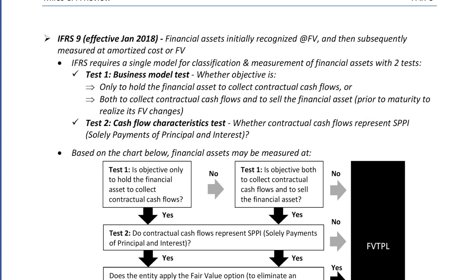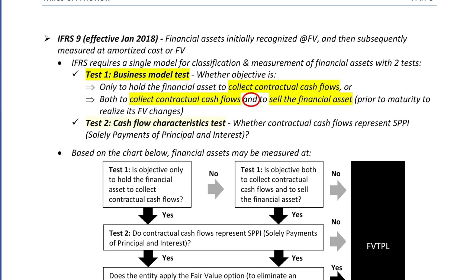Now, IFRS requires a single model for the classification and measurement of financial assets with two tests, where test number 1 is the business model test, whether the objective of the entity is only to hold the financial asset to collect contractual cash flows, or is it to both collect contractual cash flows and sell the financial asset, and that's prior to maturity to realize any fair value changes.